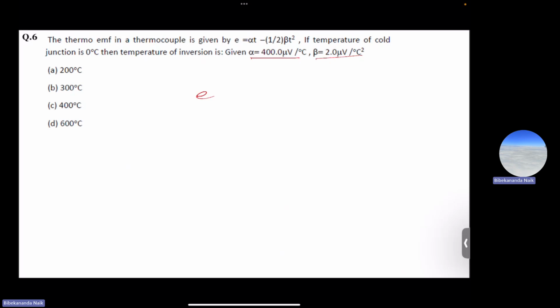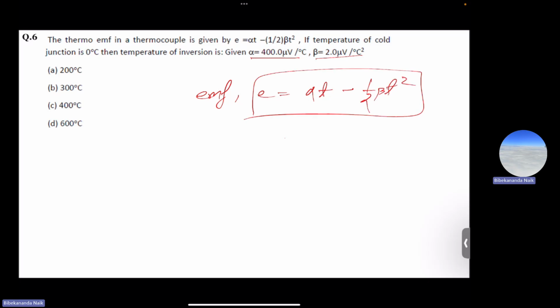So here the EMF is of the form E equals alpha T minus half beta T square. Alpha value is given 400 microvolt per degree centigrade and beta is 2 microvolt per degree centigrade.